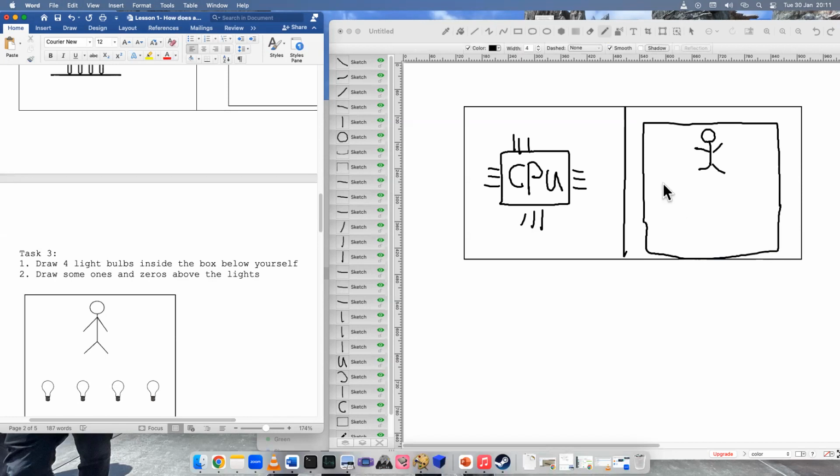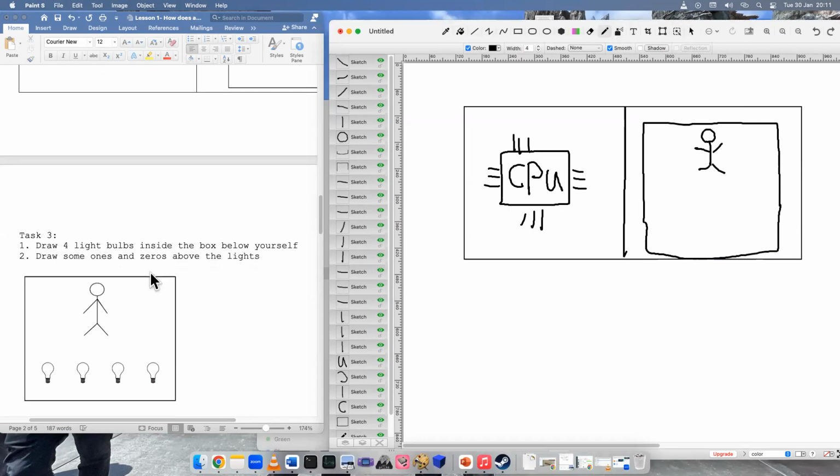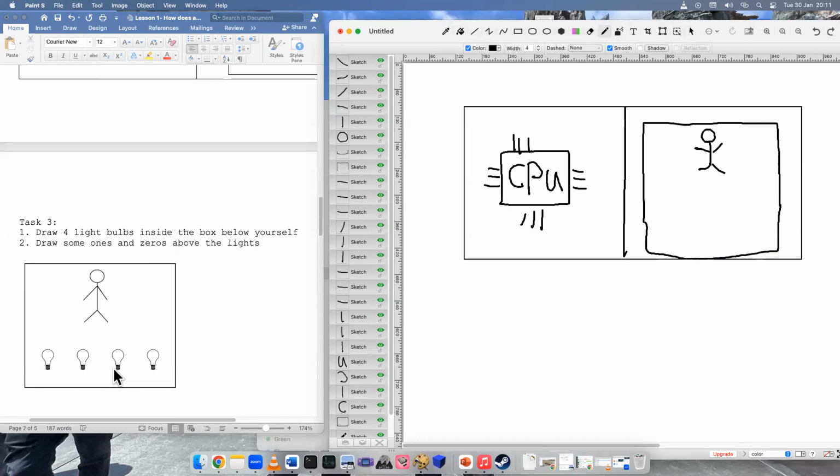Now, I want you to draw some lights, kind of like a light bulb. It'll look like this. Let's draw 4 of them: 1, 2, 3, and 4.